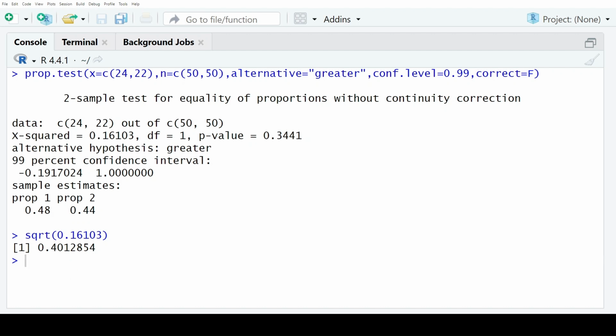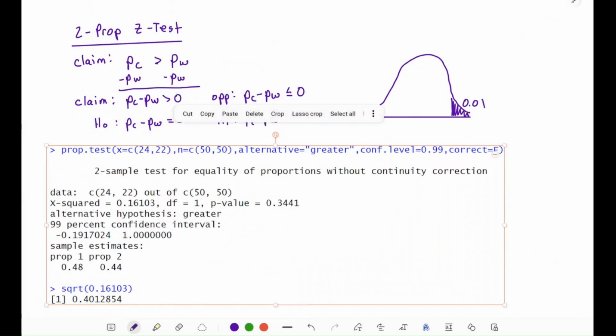Let me take a screenshot so I can put it in the notes. And then go back over to the notes.